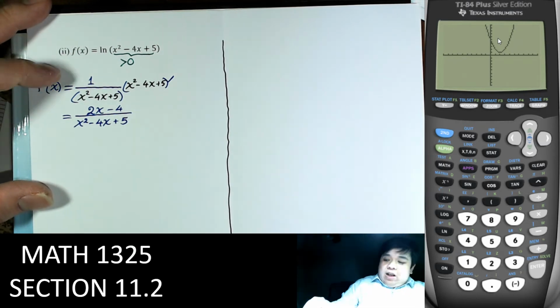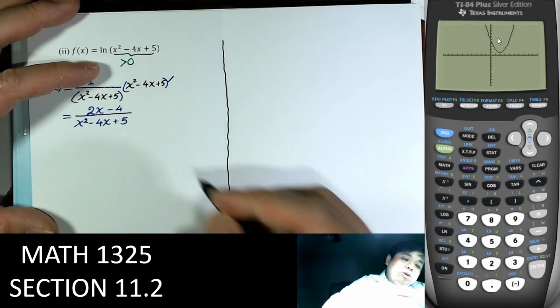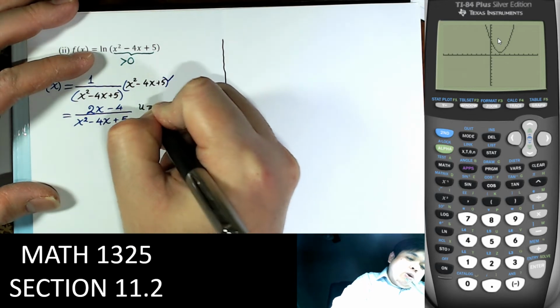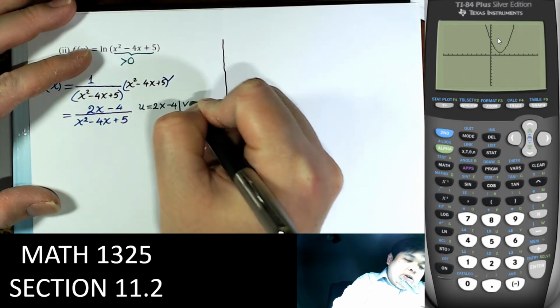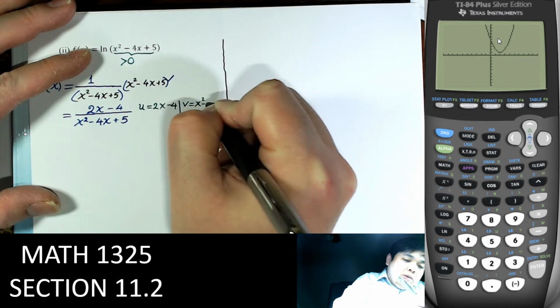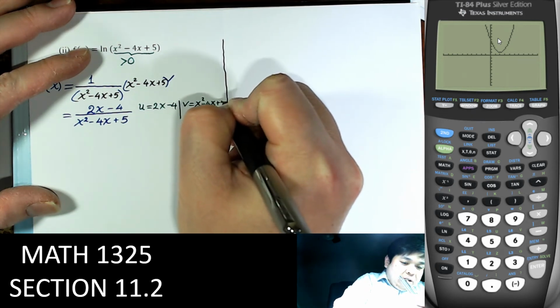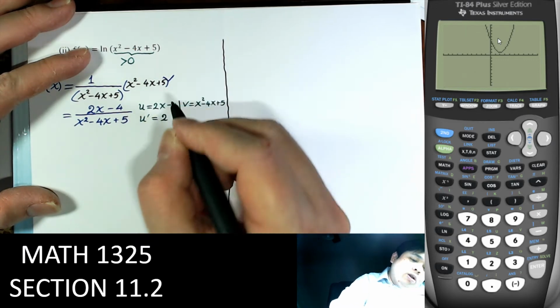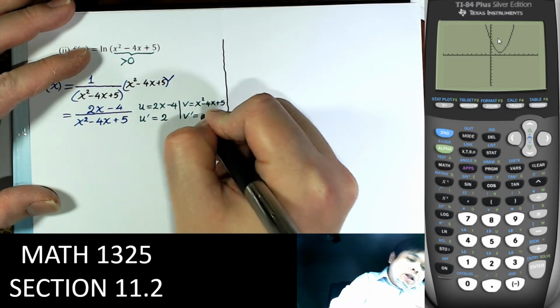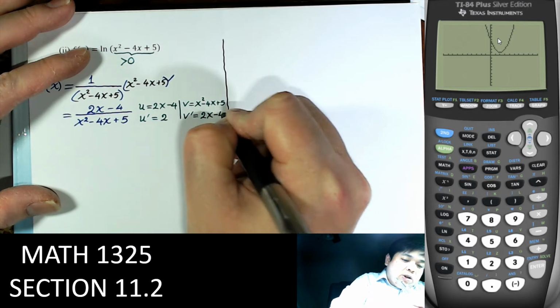Now we find the second derivative, and for that we will use the quotient rule. u is 2x minus 4, v is x squared minus 4x plus 5, u prime is 2, and v prime is 2x minus 4.